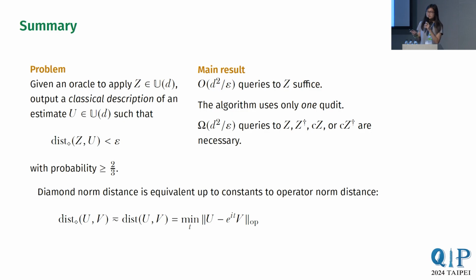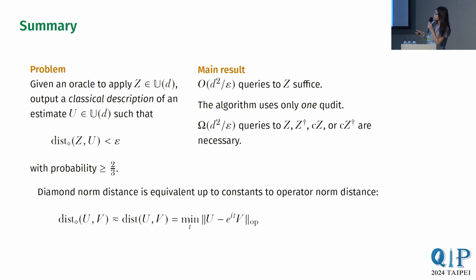Furthermore, we only use queries to Z, so we don't use the inverse or a controlled version of our black box. I found this a little bit surprising because usually if you want to get a 1/epsilon scaling, you often need to use these stronger access assumptions.